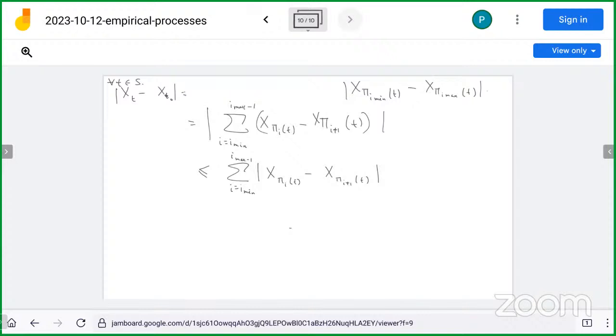It's a maximum of sub-Gaussians. Right now we're doing it for one S. After that we'll put a supremum over S on this side also. It won't change things, so for now let me not worry about that.